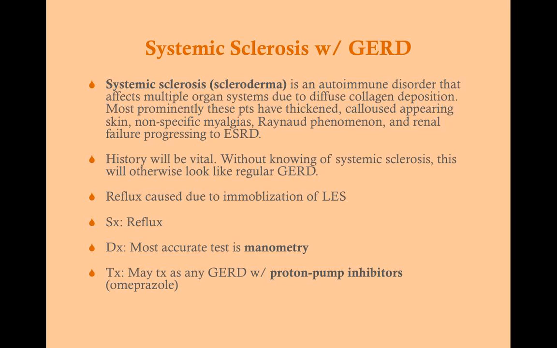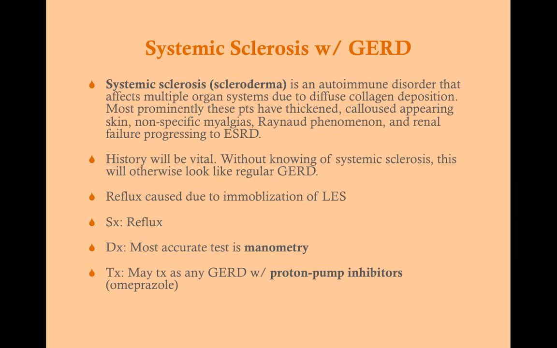So systemic sclerosis or scleroderma is an autoimmune disorder, and basically what happens is that at multiple different sites, multiple different organ systems, what you get is a deposition of collagen tissue. And so it happens in the skin, it happens in the muscle, it happens in the small arteries, it happens in the kidneys.